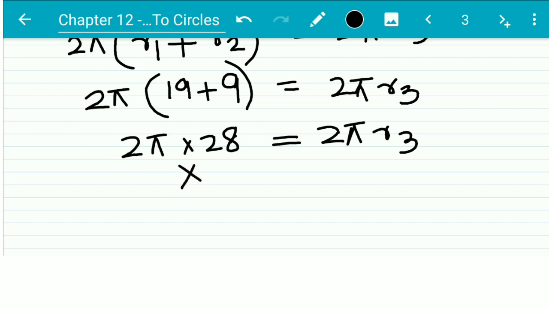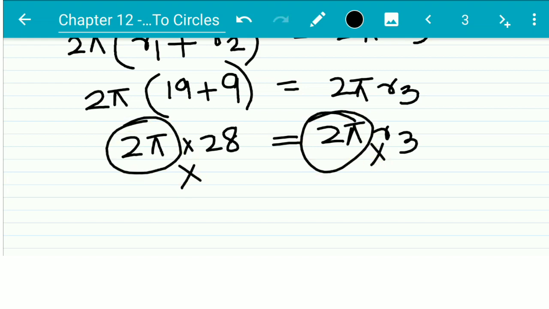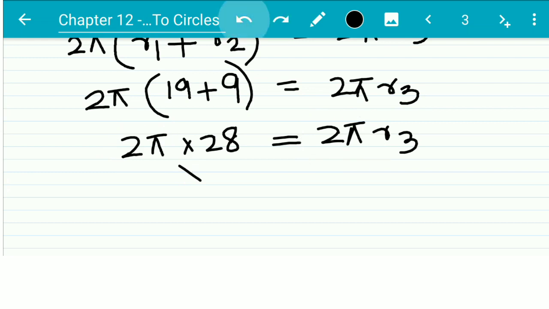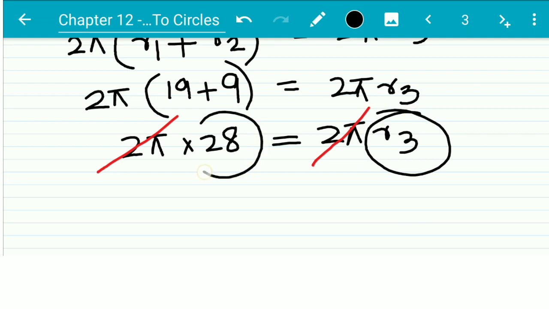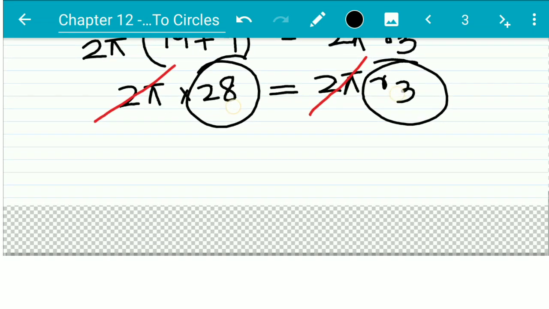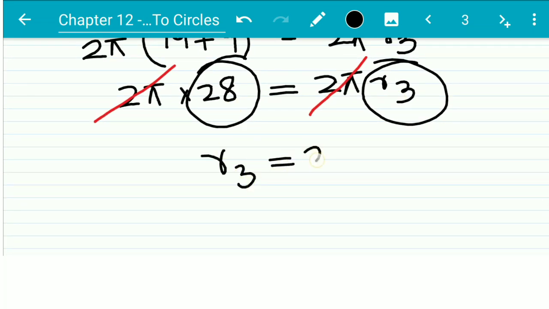See, here it is multiplication, here also multiplication. 2 pi and 2 pi are on the opposite sides, so you can cut both the 2 pi's. Now what is remaining? r3 equal to 28. See, we got r3 equal to 28. r3 means the radius of the third circle.